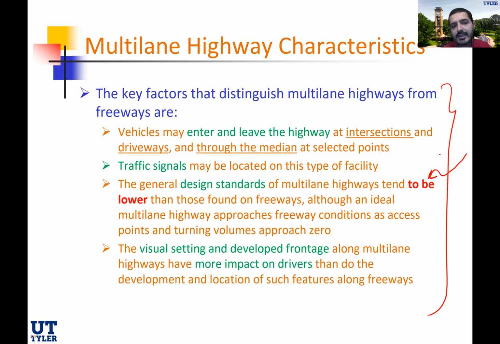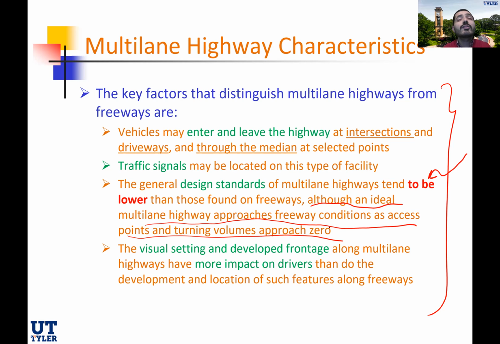The third difference is the general design standards typically for multi-lane highway are a little bit lower compared to freeways. For example, the speed limit for highways is significantly lower than freeways. Although I like to put this here, an ideal multi-lane highway approaches freeway condition as access points and turning volumes approach zero.